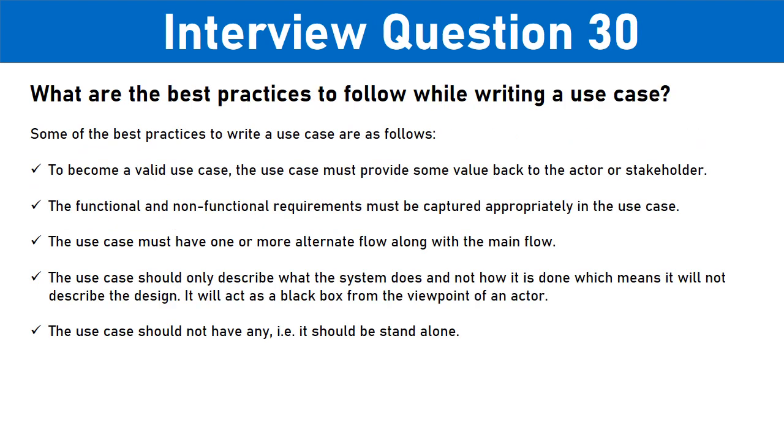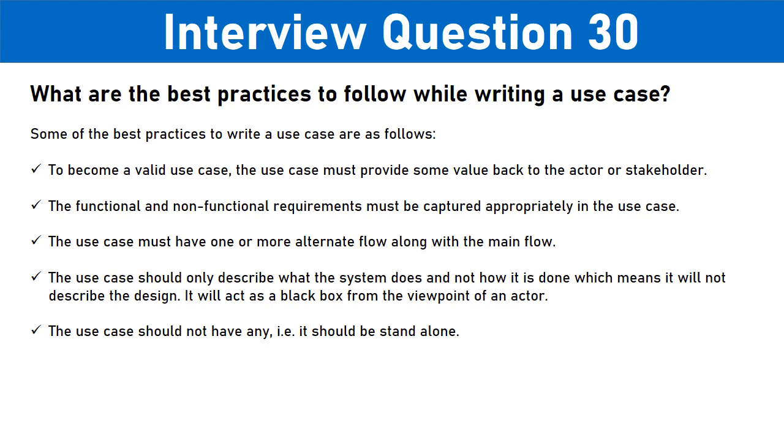Interview question 30. What are the best practices to follow while writing a use case? Some of the best practices to write a use case are as follows. To become a valid use case, the use case must provide some value back to the actor or stakeholder. The functional and non-functional requirements must be captured appropriately in the use case.